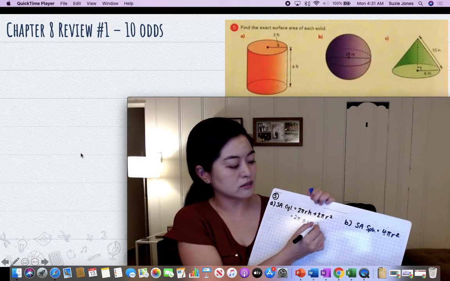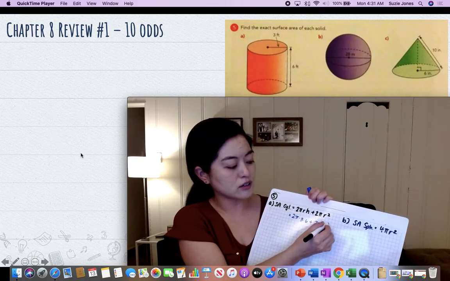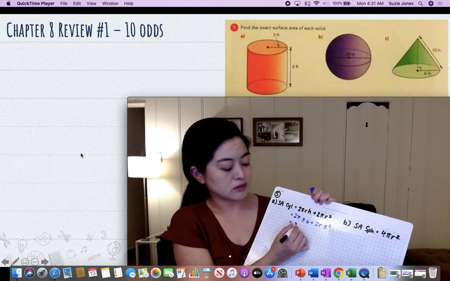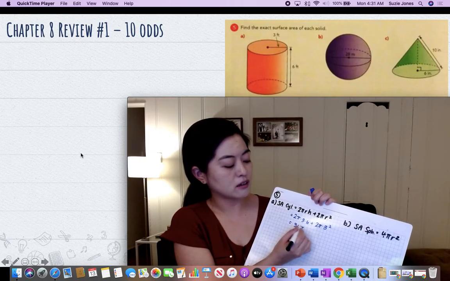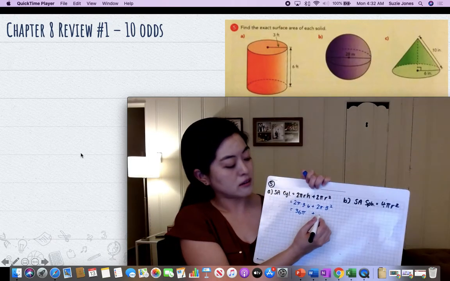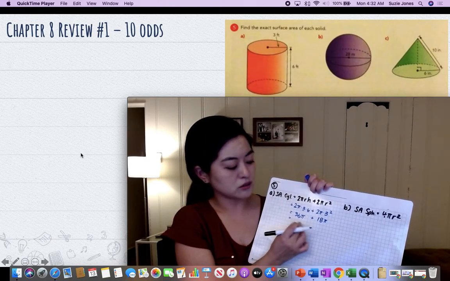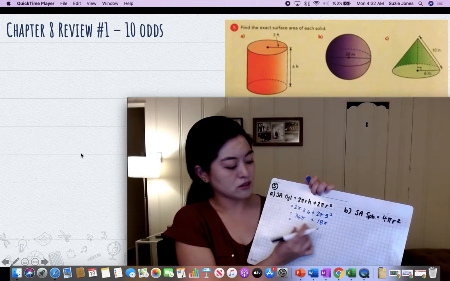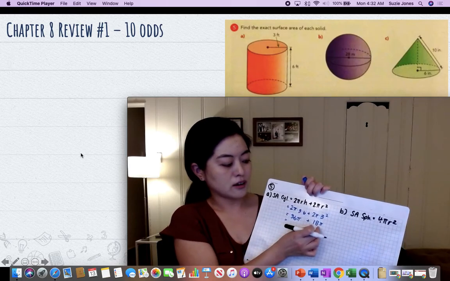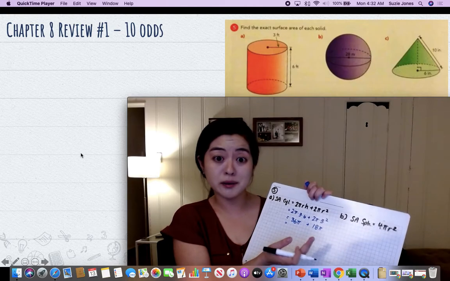Plus 2 pi, and then r is 3, right? So it's 3 squared. And then that becomes 36 pi plus, and here that becomes 18 pi, which is equal to, now remember this, we can just add the 36 and 18 and then multiply it by pi, right?